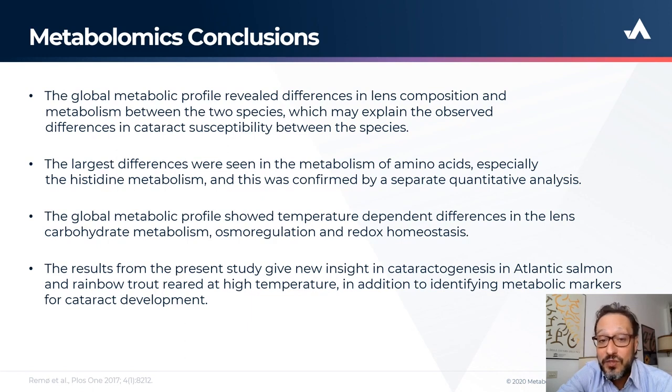Finally, the rearing temperatures did not increase the cataract development significantly in either species during the experiment. However, the metabolic profile indicates that high temperatures do alter osmoregulatory ability, carbohydrate metabolism, and redox regulation in the lenses, which may result in a higher risk for cataract development.